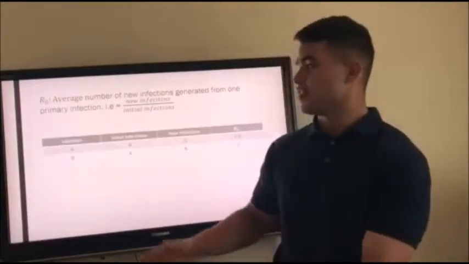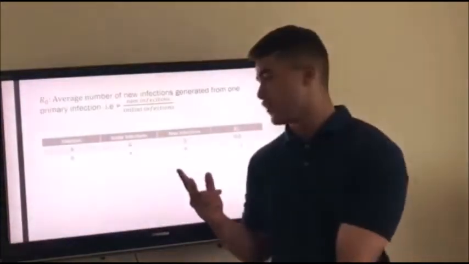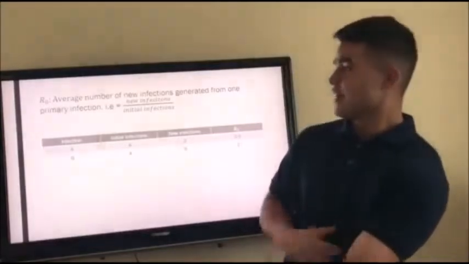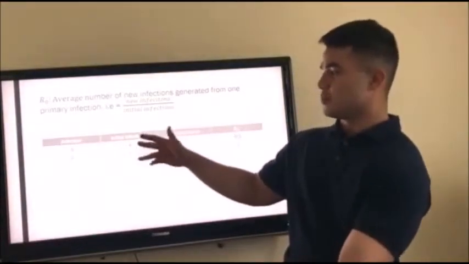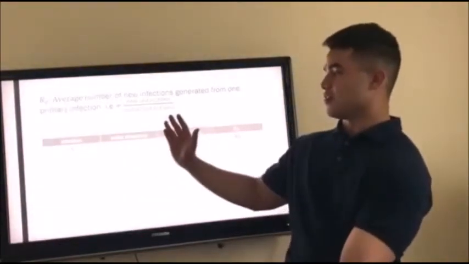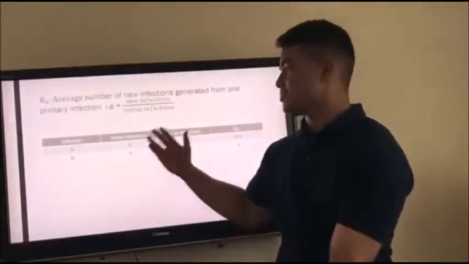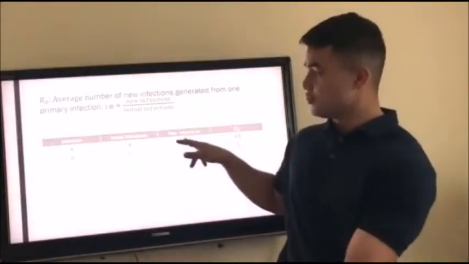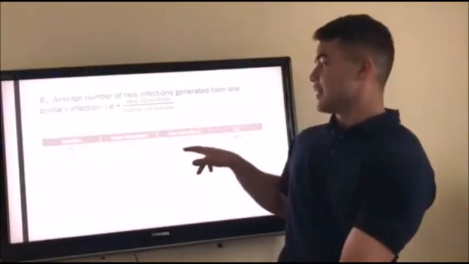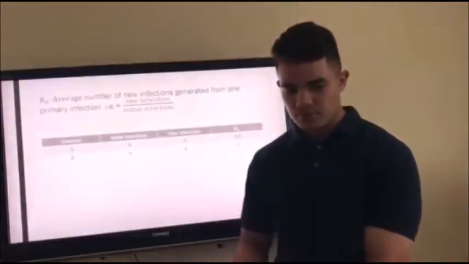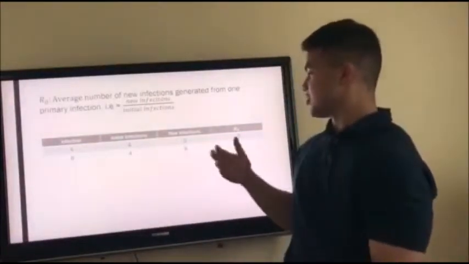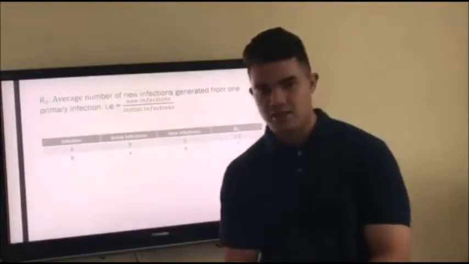So what I've done is created a scenario where there are 2 infections present in a population. Let's say, for instance, we start off with 4 people in each category at the beginning of the period. And let's say 2 weeks later we came back and we found 2 new infections in category A and 8 new infections in category B, with their respective R0 values being 0.5 and 2.